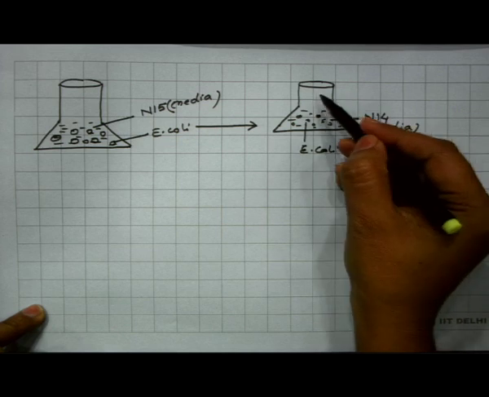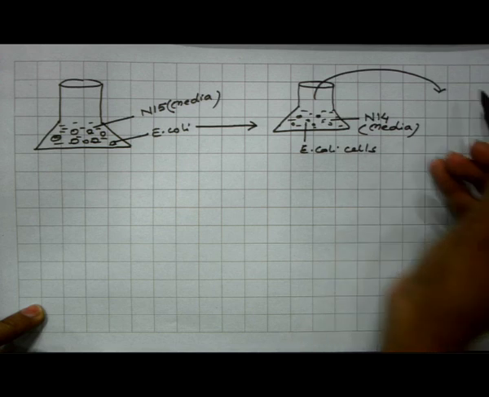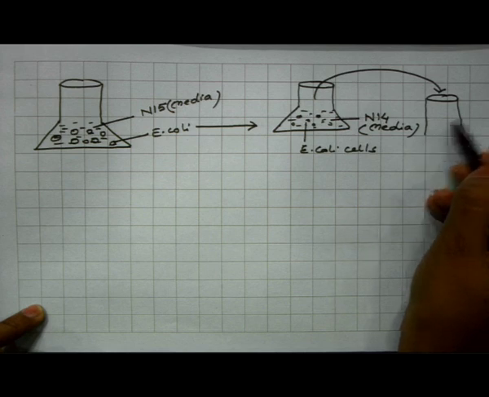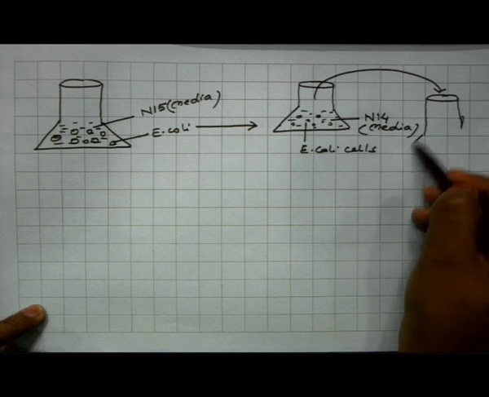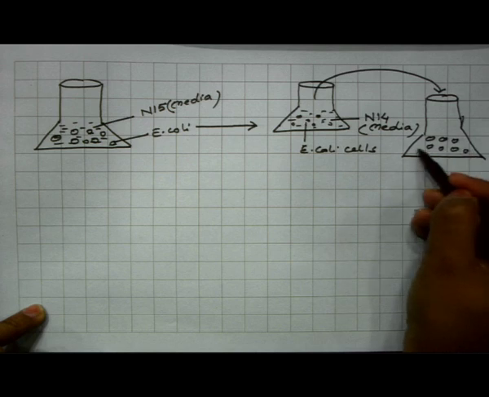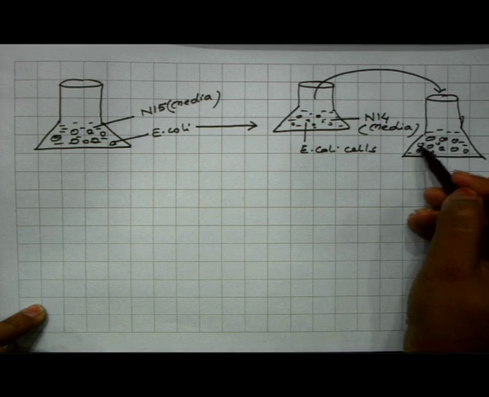Now, from this media they isolated the bacterial cells after each generation to check whether the DNA gets replicated according to the conservative or semi-conservative mode.